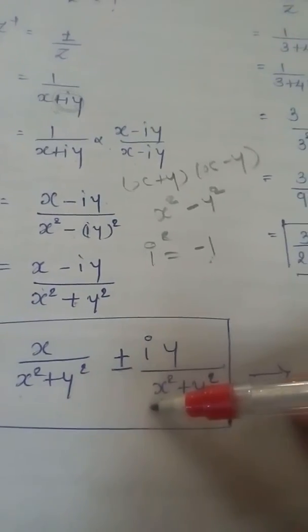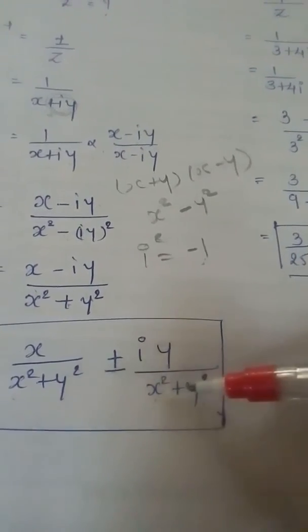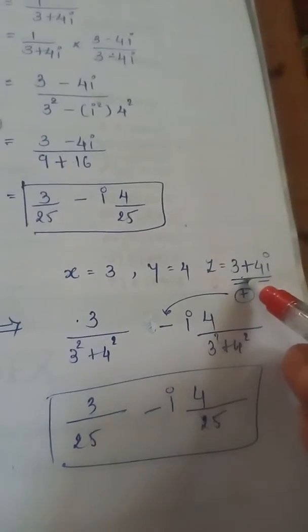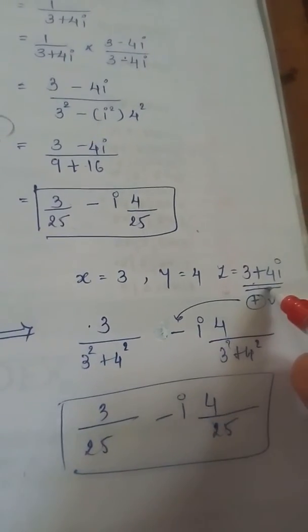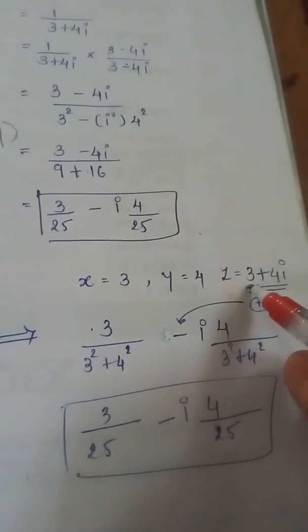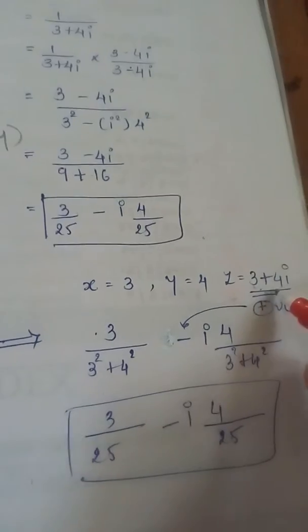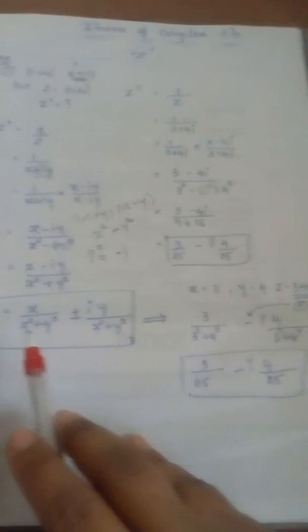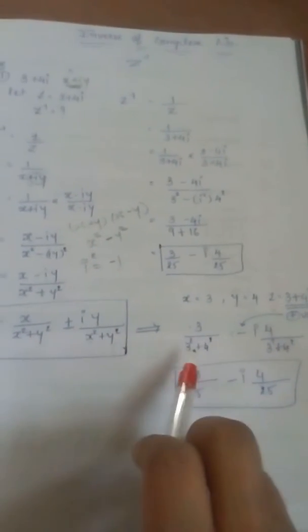If you remember this equation, you just need to put in the values. In this same example, 3 plus 4i, we have x equal to 3 and y equal to 4. So just put in these values.